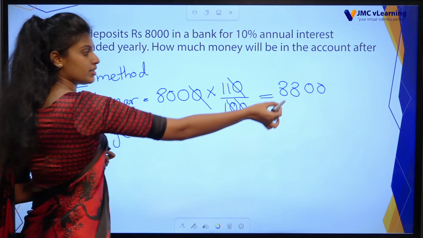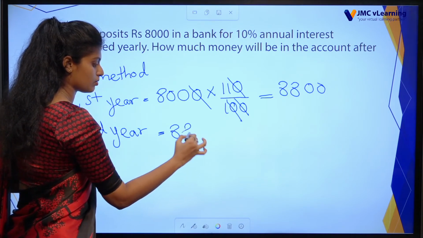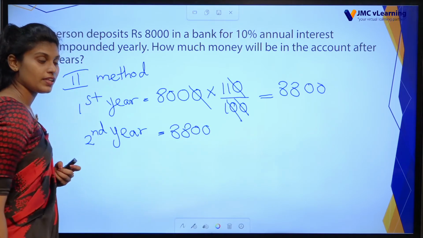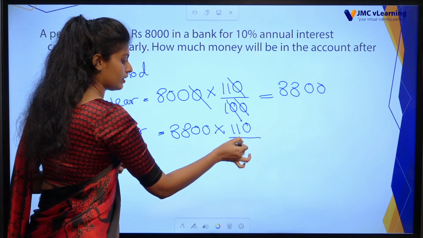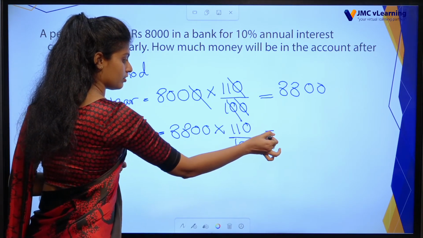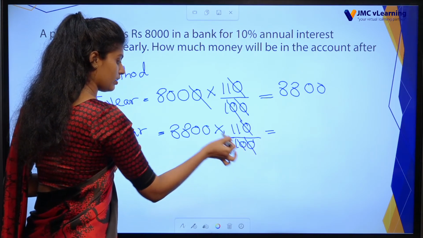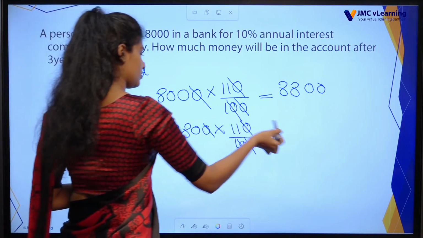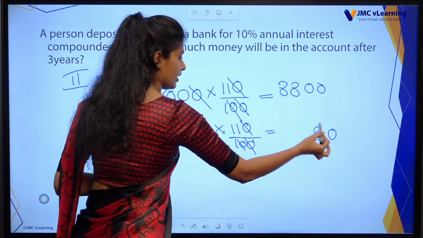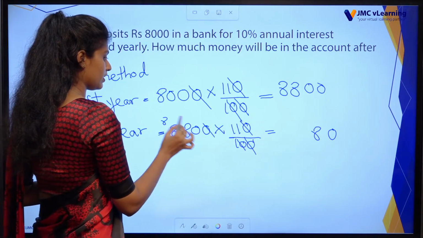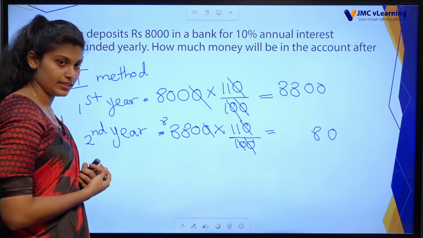Then after the second year, the amount in the account is 8,800. That should be multiplied by 110 over 100. Simplify. 11 into 0, 0. 11 into 8, 88. Put 8. 8 left. 11 into 8, 88.